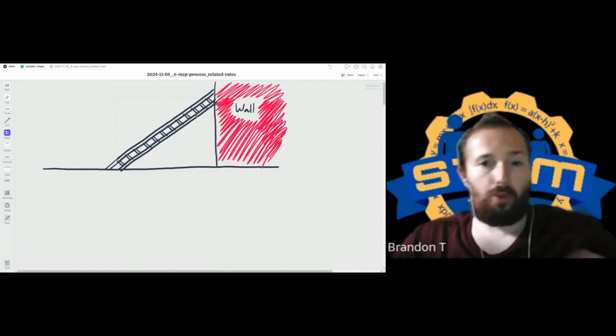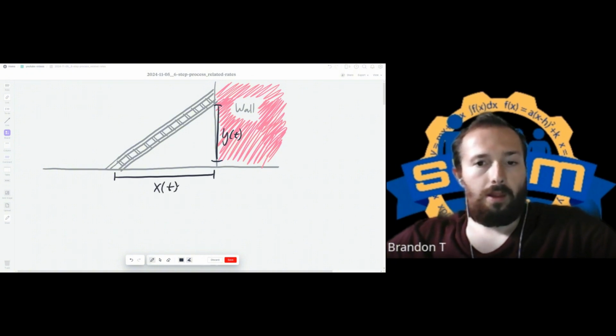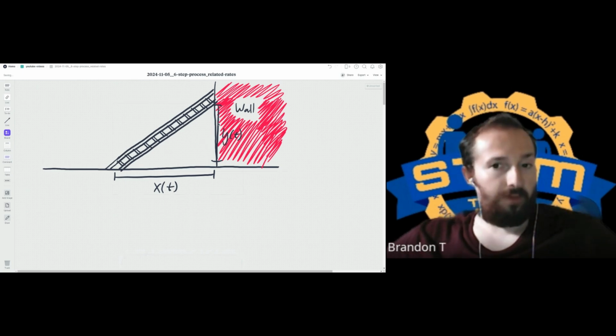After we do that, we no longer get an equation that's just relating y, which would be y as a function of time, and x, which would be x as a function of time. If we take the derivative of the Pythagorean theorem, we would no longer just get a function that relates y to x, but we would get a function that relates dy/dt to dx/dt.